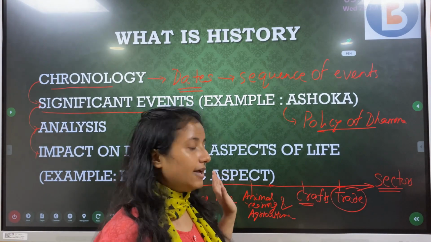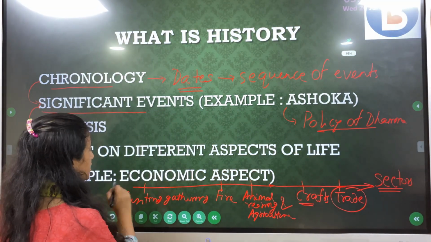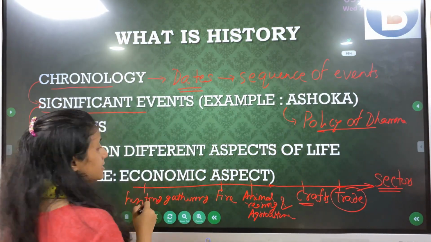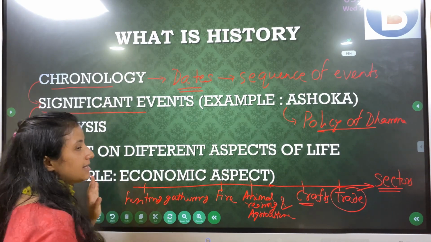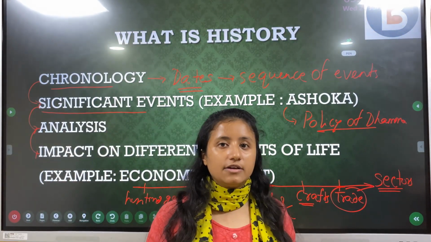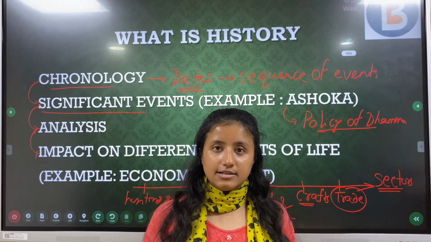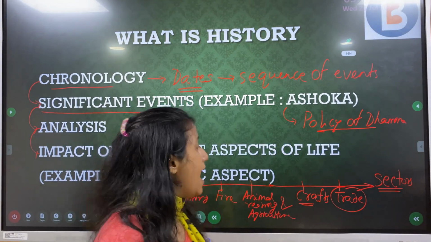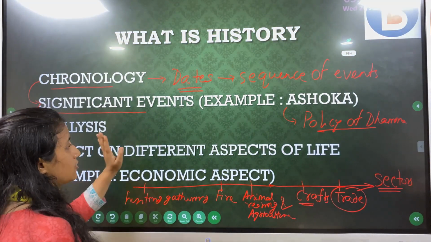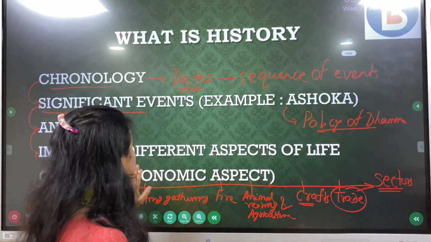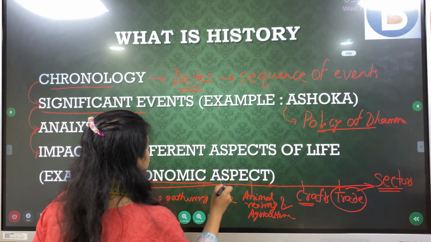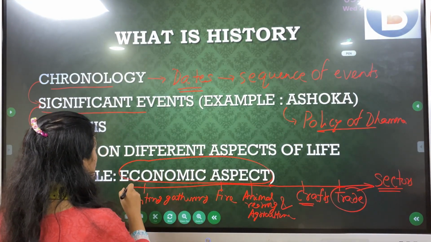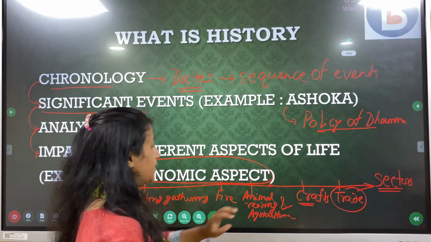By studying history, by having this evolution. Understood? So, history is the study of chronology of significant events and their analysis because those events have significant impact on different aspects of life. We have seen the economic aspect, how the economy had a history.